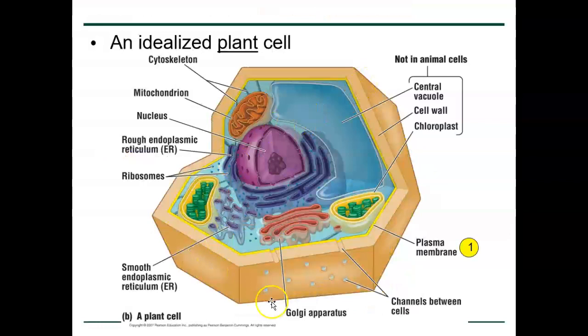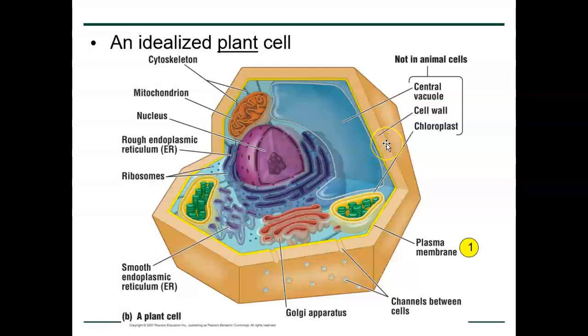So this is a plant cell, and the items that are in plant cells but not in animal cells include the central vacuole, the cell wall, and the chloroplast. Now the cell wall is outside of the plasma membrane. In this picture, this very thin yellow layer here, that's the plasma membrane, and that's what all cells have.